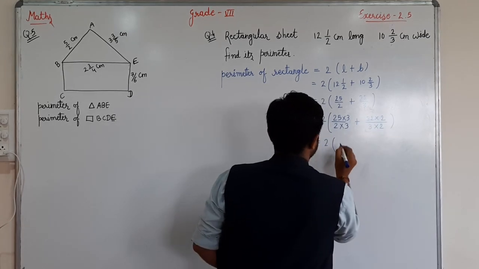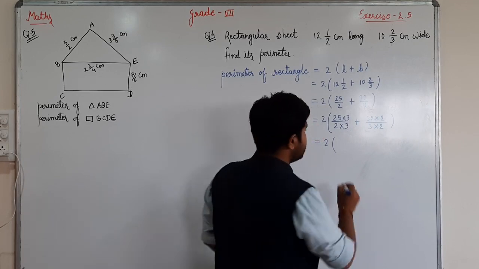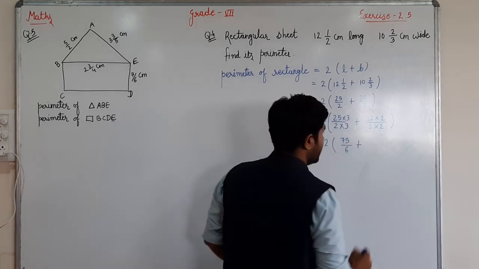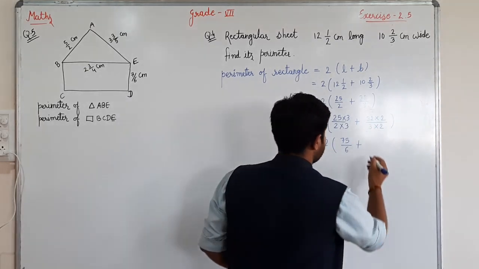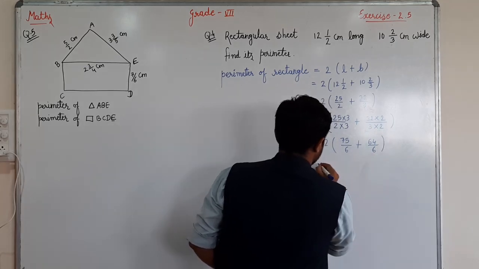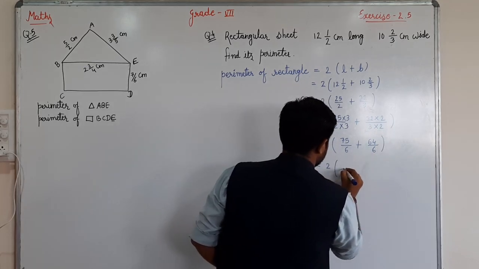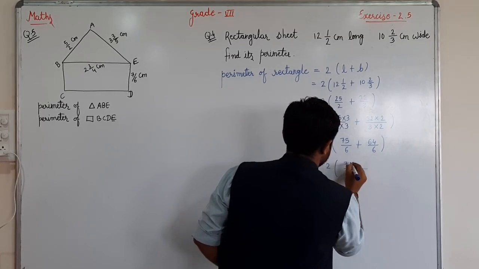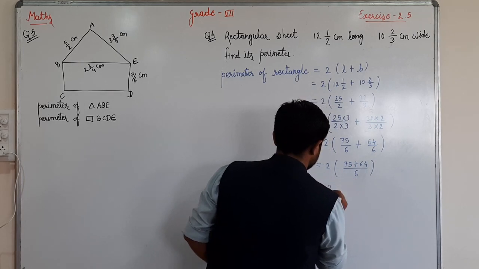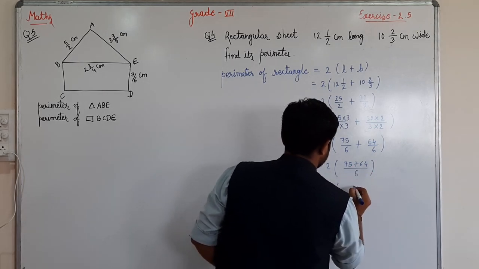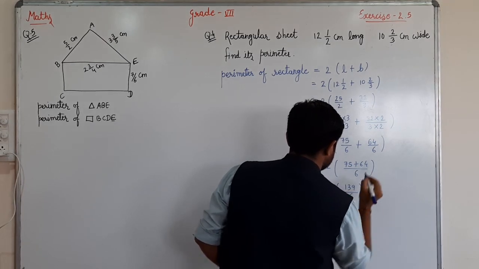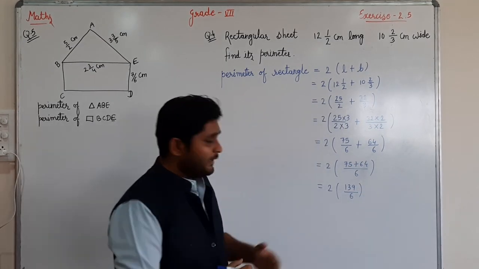Now 25 times 3 is 75, so 75 upon 6, plus 32 times 2 is 64 upon 6. Now both the denominators are the same, so take the denominator as common and add the numerators: 75 plus 64. So we will get 139 upon 6.